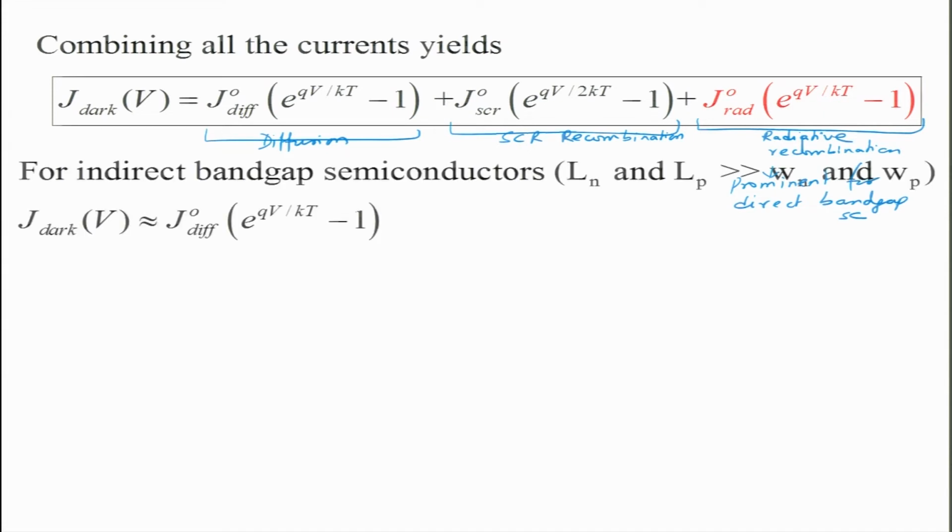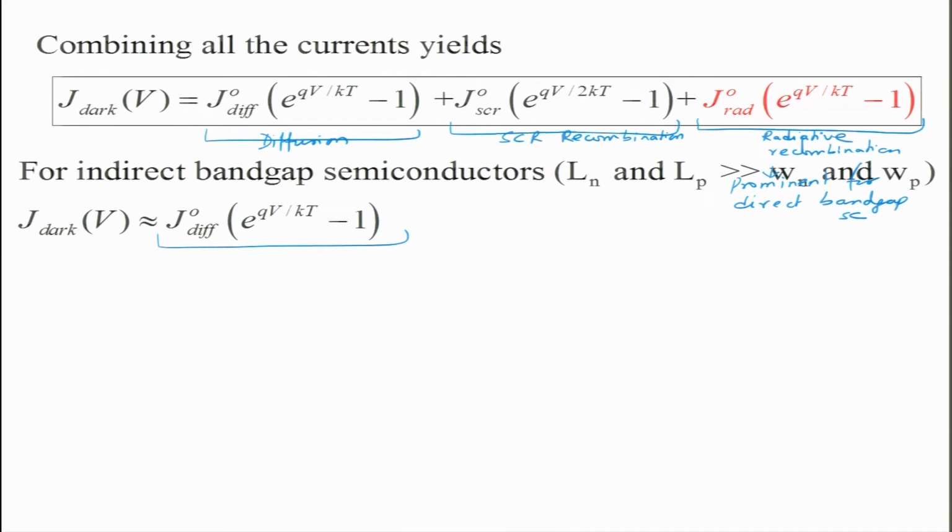For indirect band gap semiconductors, generally Ln and Lp are much larger than Wn and Wp. So, for an indirect semiconductor like silicon, when the diffusion distances of carriers are longer, which means they can be alive for longer distances, they do not recombine too much in the space charge region.